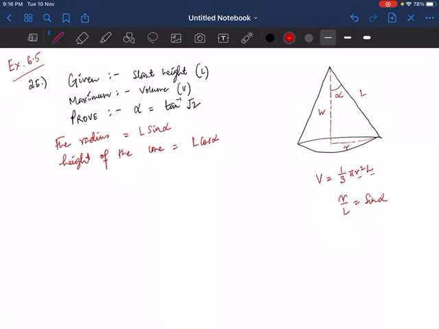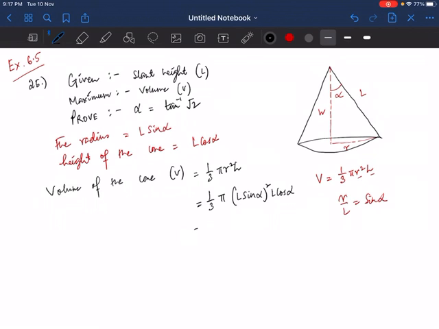So now we'll write the volume of the cone, the thing we need to maximize. V is equal to 1 by 3 pi r square h, but I won't use r and h; we'll take the L sine alpha and L cos alpha values. So we have 1 by 3 pi, times L sine alpha whole square, times L cos alpha.